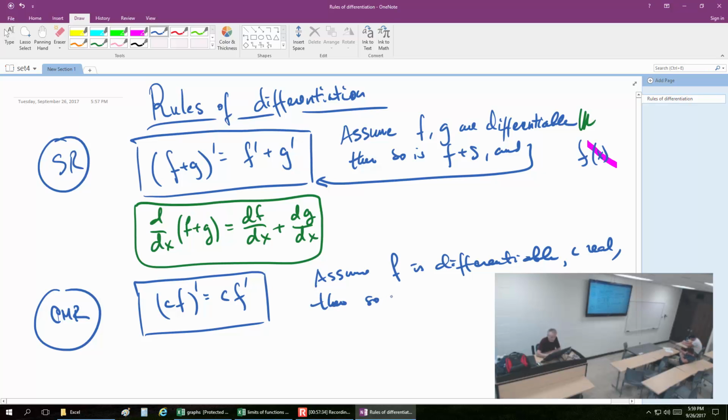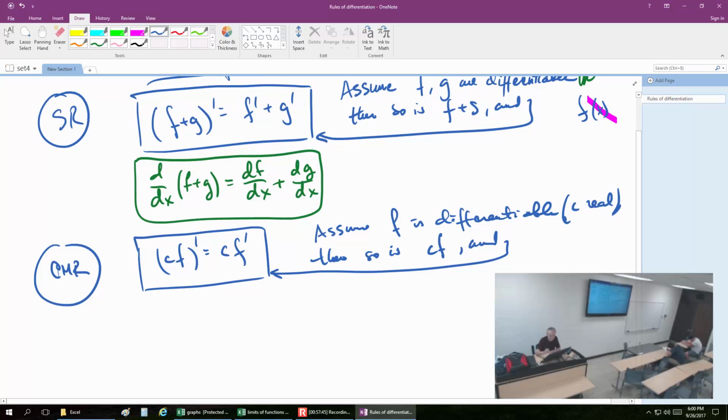Then so is Cf, and the formula holds. So you have to verify differentiability of the function to begin with before you claim that the product is differentiable as well, and before you can apply the formula. Okay, now Leibniz notation.